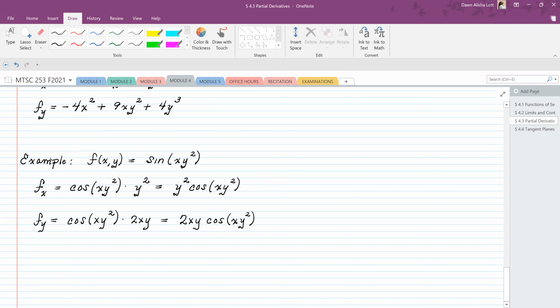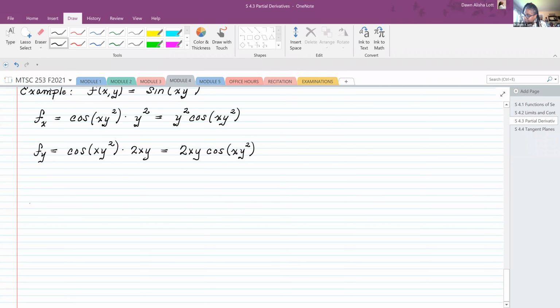Okay, one more. This one's going to be a little more tough. Oh, I forgot the function. f. Okay, so this one's tough because it's a product rule.